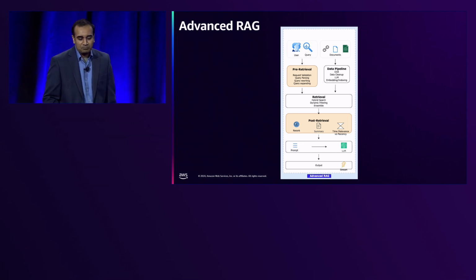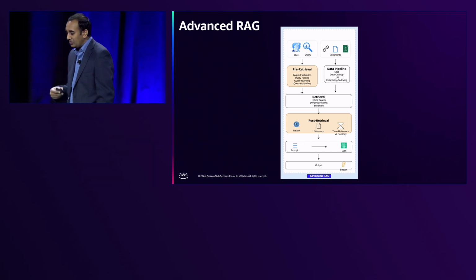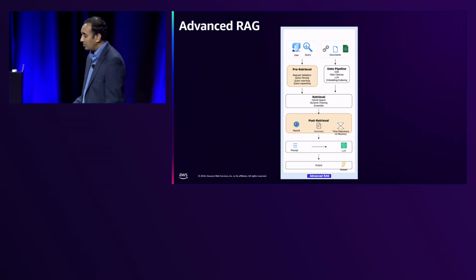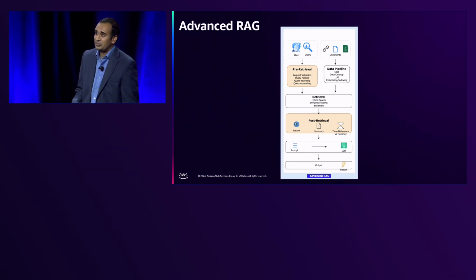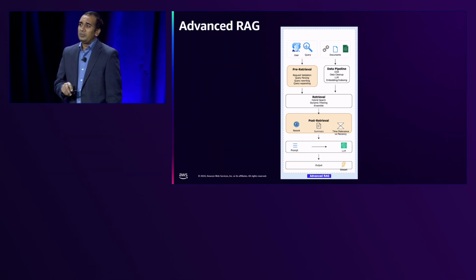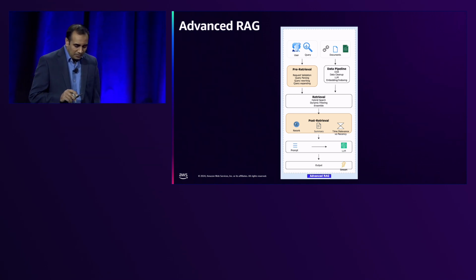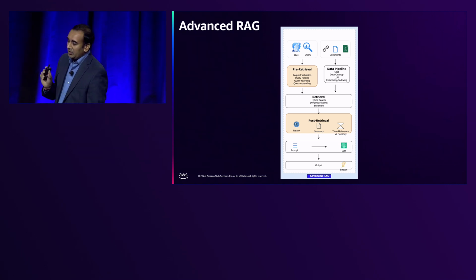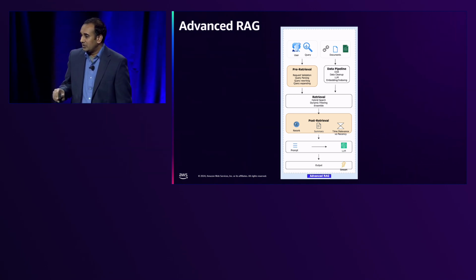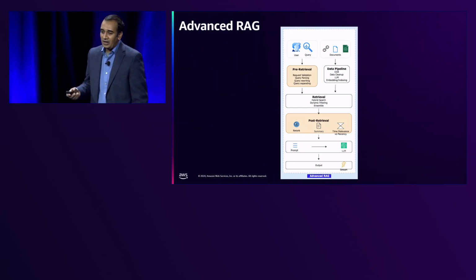So query parsing, rewriting, expanding, and any other terms you might have heard of, reformulation. This is very important because with query parsing, the approach we took is that you can ask a question that is specific in time and so on.